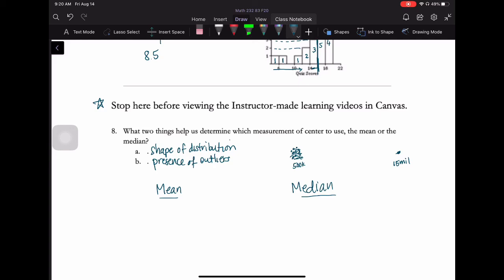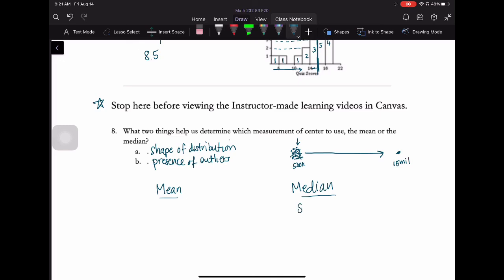What's going to happen to our average? If we're adding all of these values together and dividing by however many there are, our mean is no longer going to be 500,000. It's going to be pulled towards The Rock's house. So the mean is going to be pulled towards the skewness, so it's not an accurate representation of the middle.